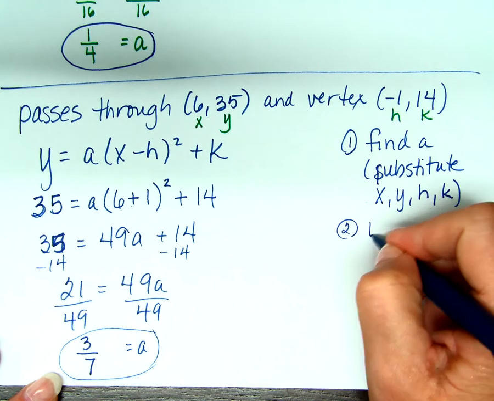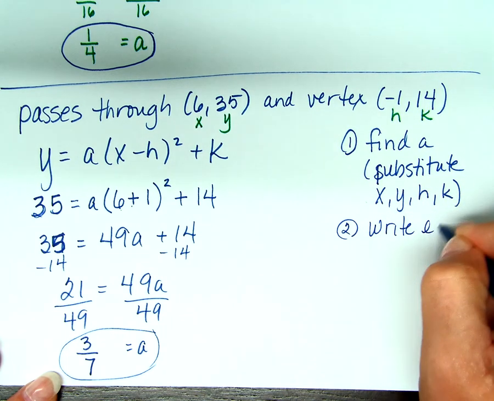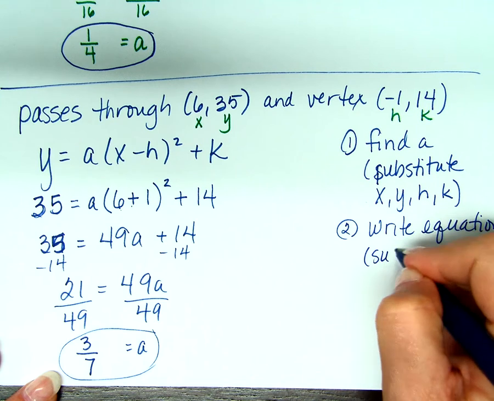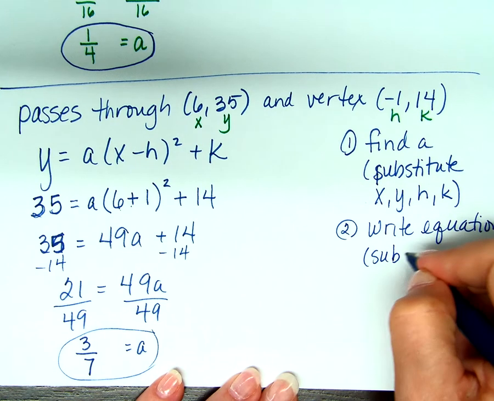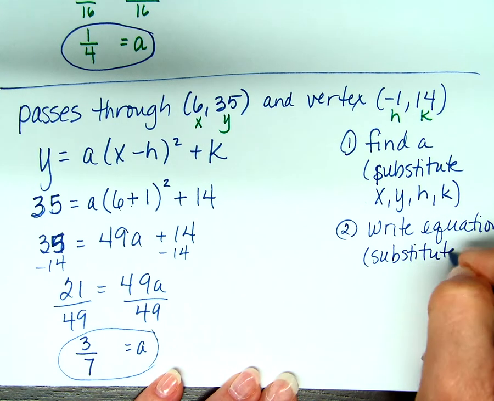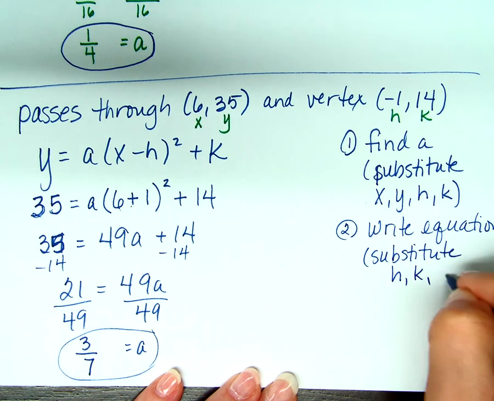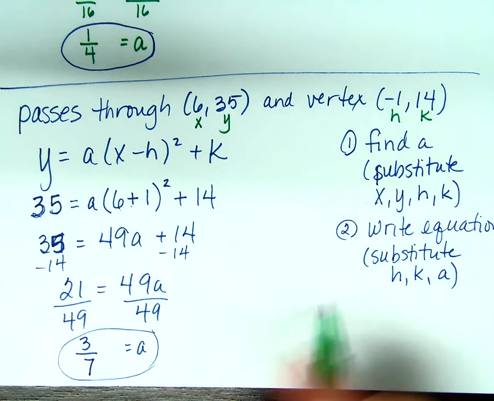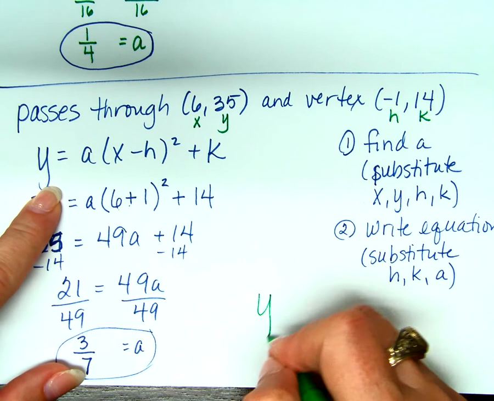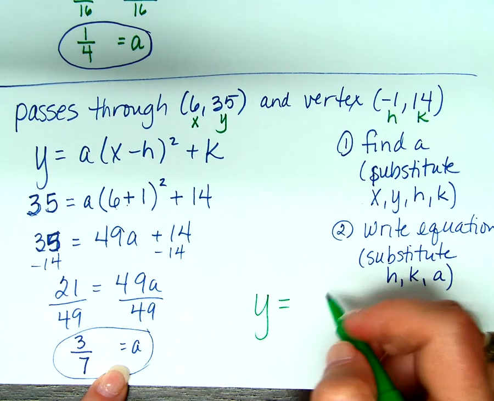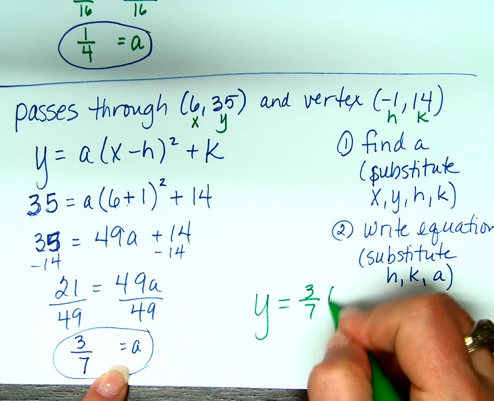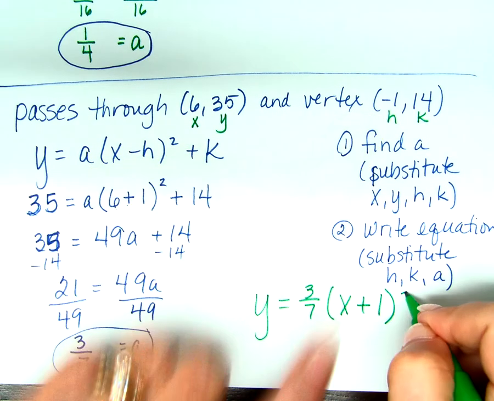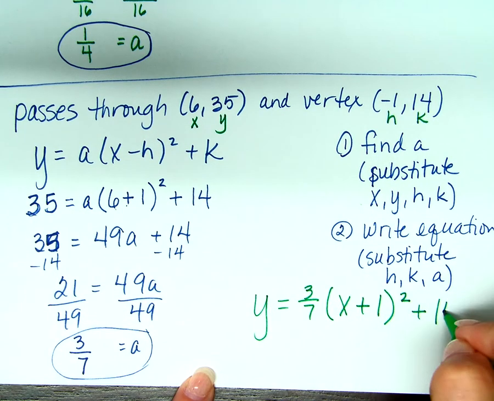So step 2 is write the equation. But this time I'm only substituting what? H, K, and A, right? I'm not substituting X and Y in this time, right? So Y equals A, which I figured out was 3/7, X minus H, so X plus 1 squared, and then plus 14.